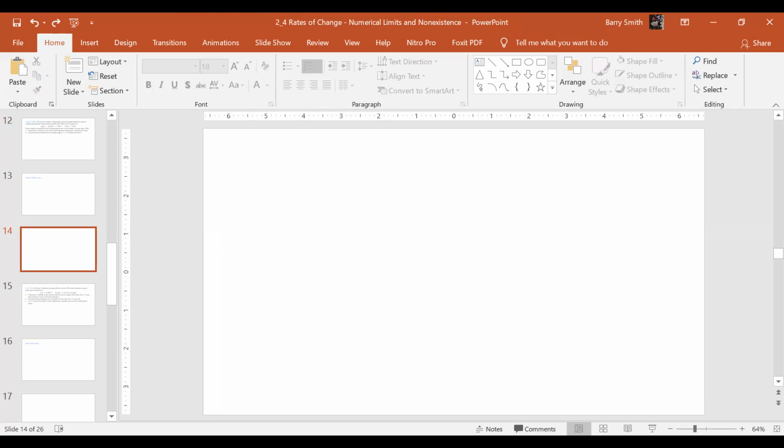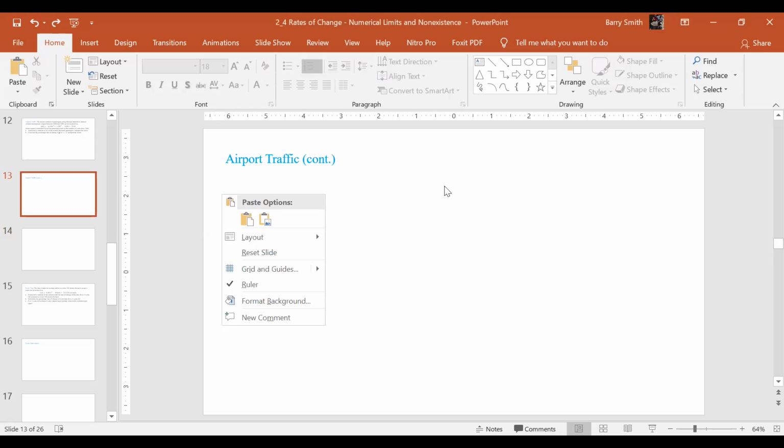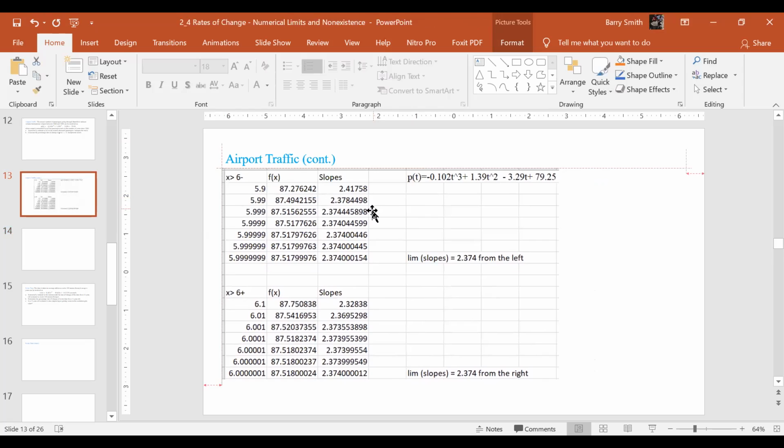Oh, well. Since we're now out of the big screen, let's just copy this. We can just highlight what we're looking for, that way we have our data on the PowerPoint. And so now if we paste that, hopefully it'll work now. All right, so now we've got our data.